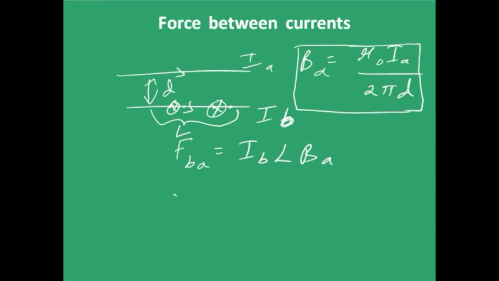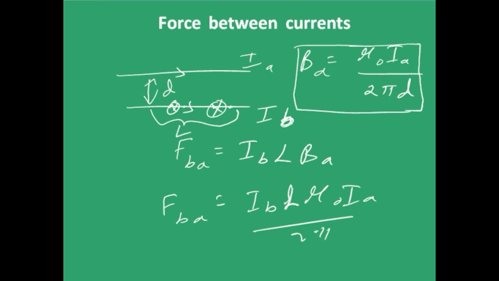Same thing I can write as IB L, and instead of BA I'll write mu naught IA by 2 pi d. So this is the formula for the force on a length L of wire B.